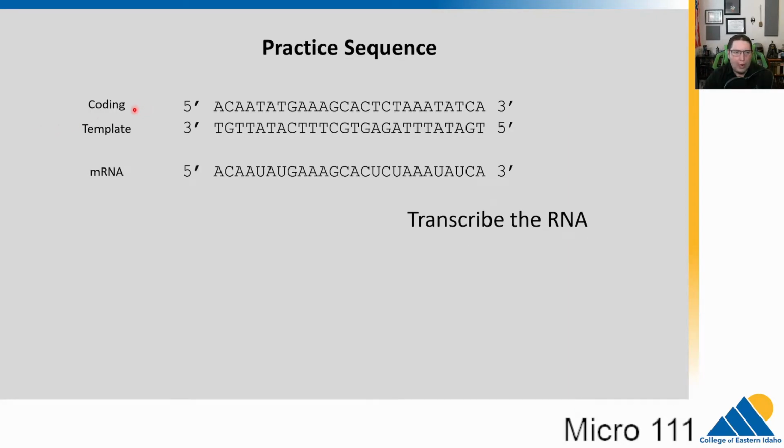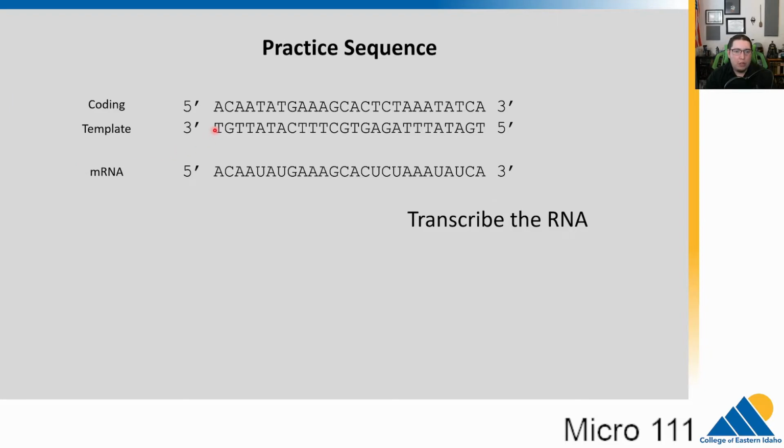Okay, so where to start? So remember, the template strand is going to be the template which we build the mRNA off of. RNA polymerase is going to transcribe using this as the template. So it's going to go 5' to 3' because it's anti-parallel, just like our DNA.